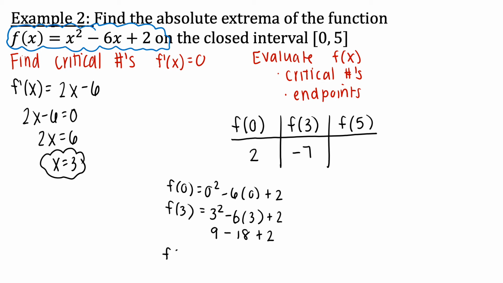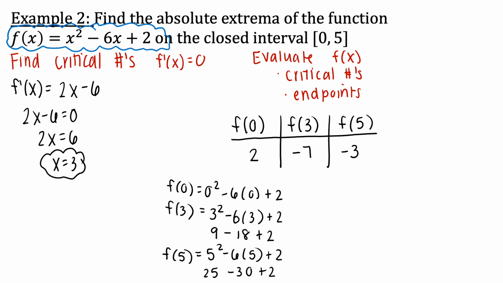And then finally f of 5 gives us 5 squared minus 6 times 5 plus 2 gives us 25 minus 30 plus 2 is negative 5 plus 2 is negative 3.